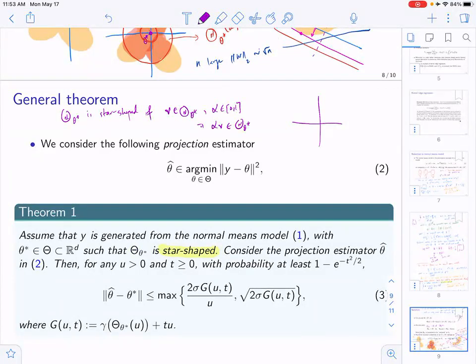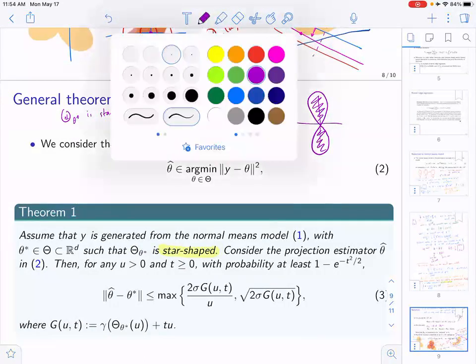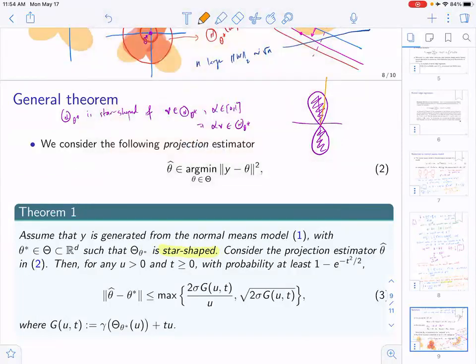So something which is star shaped, a typical example, would be something like this. That would be star shaped. The reason being, if I take any point here, anything between 0 and that point is inside the set.